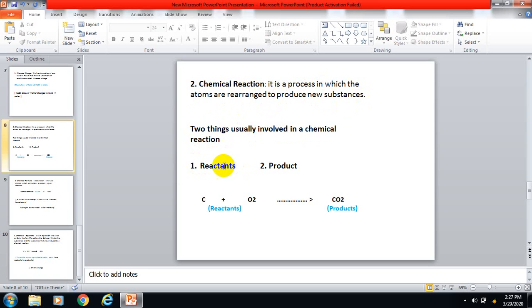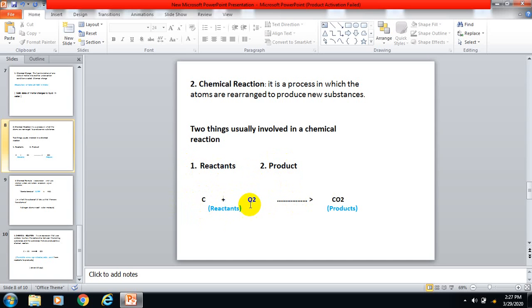Two things are usually involved in a chemical reaction, remember, always. The first is called reactants, which combine to form new substances. The second is the product. Look, we have an arrow here. When carbon combines with O2, oxygen, we call them reactants.